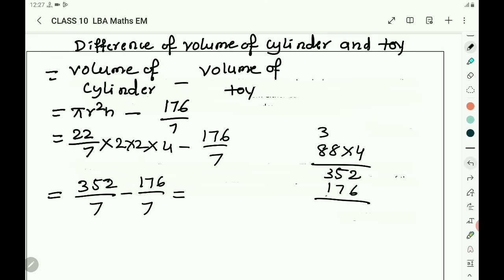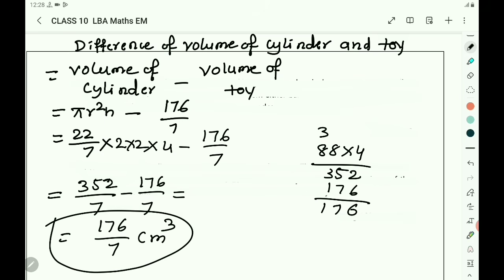Here 12 minus 6, 6. 4 is remaining. 14 minus 7, 7. Then 2 is remaining. 2 minus 1, 1. Again you got 176 by 7 cm cube. That is the difference of the volume of the cylinder and the toy.